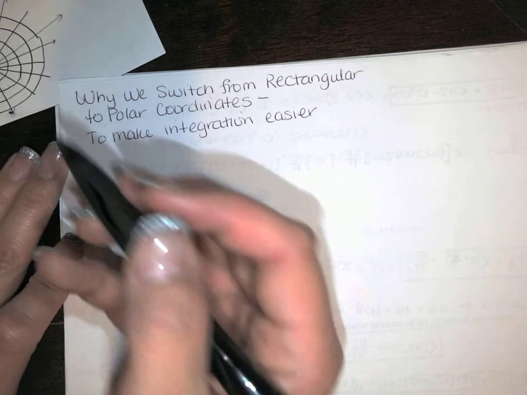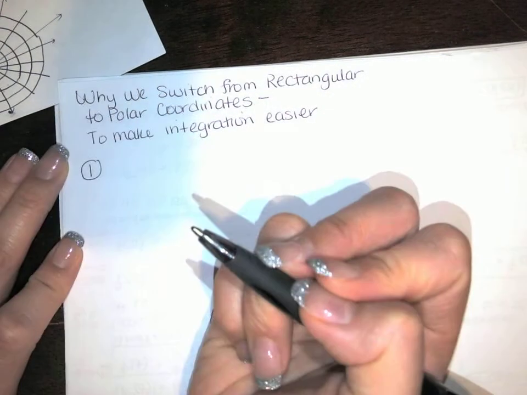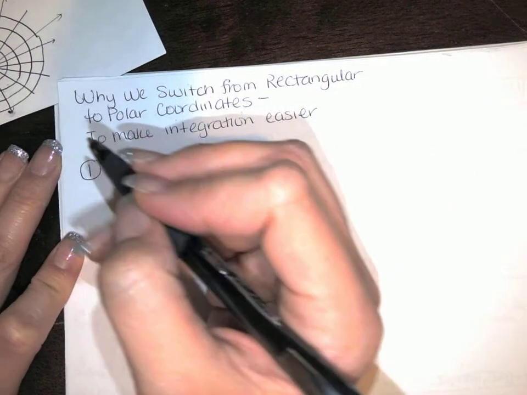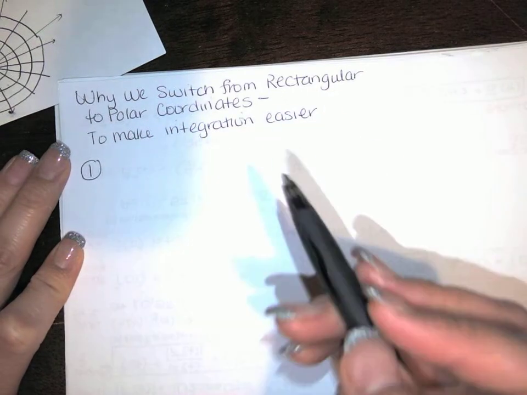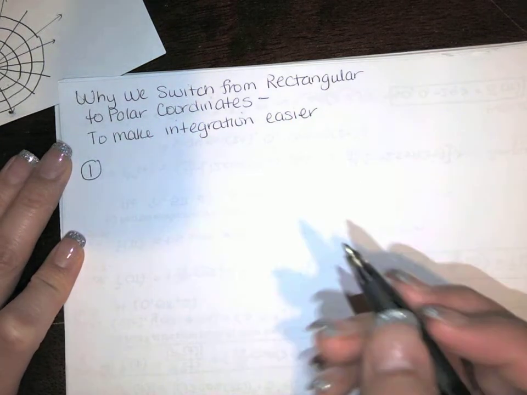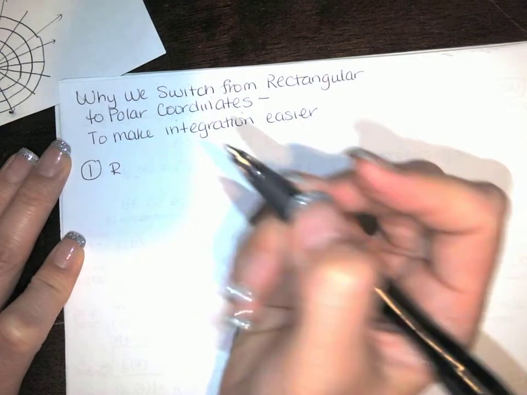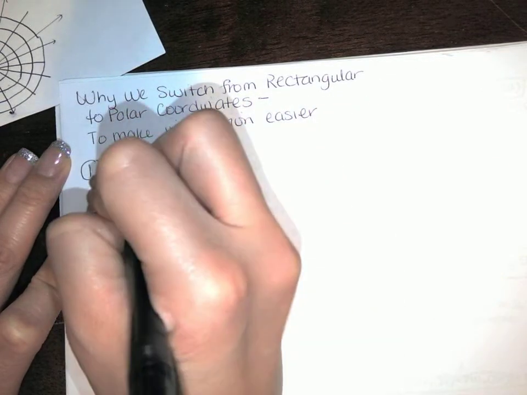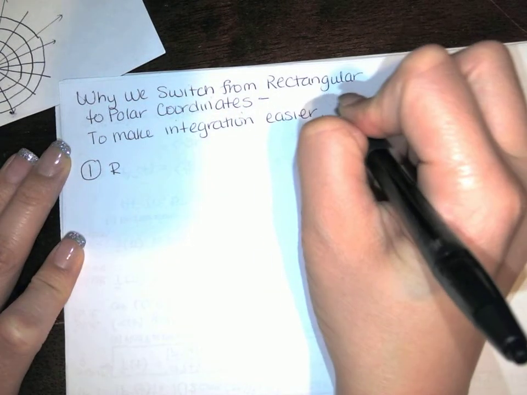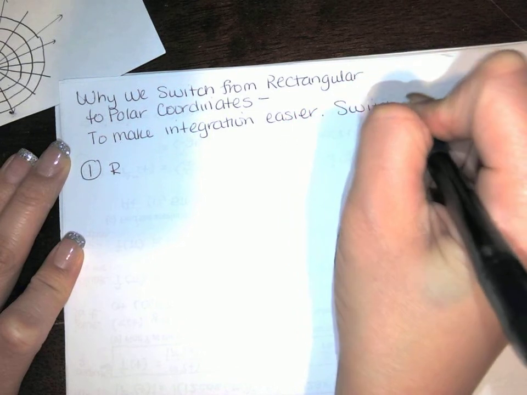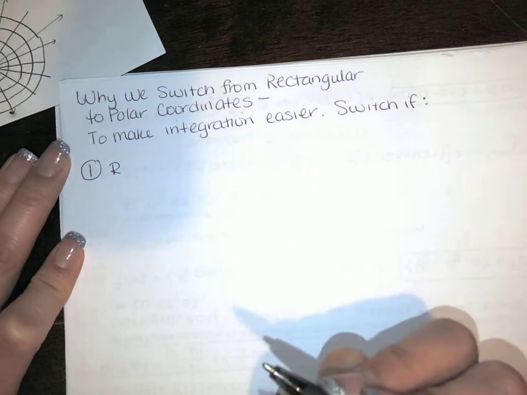Okay, now there are two ways that that integration can be made easier. We might want to switch from rectangular to polar if R is easier to describe in polar coordinates. So let's just say switch if one of the following is true.